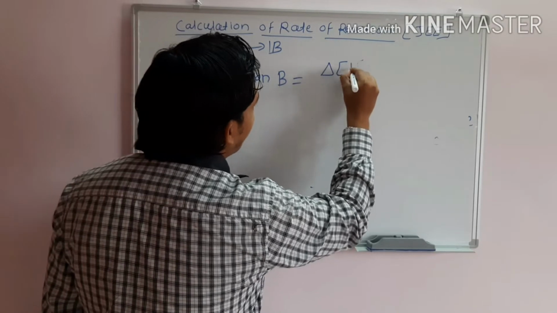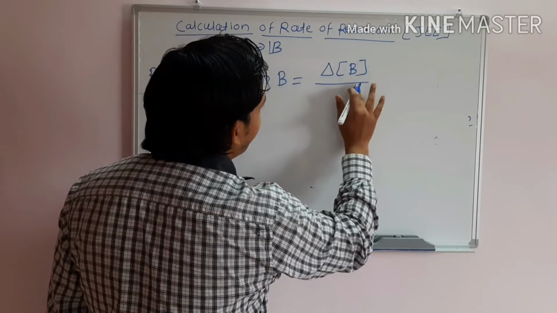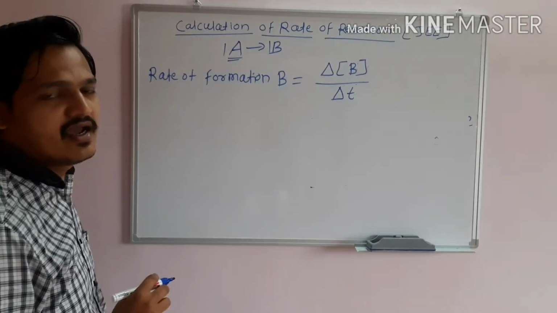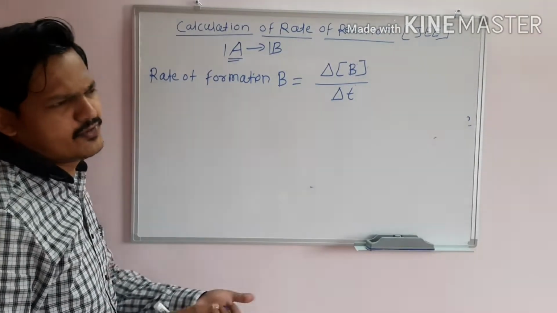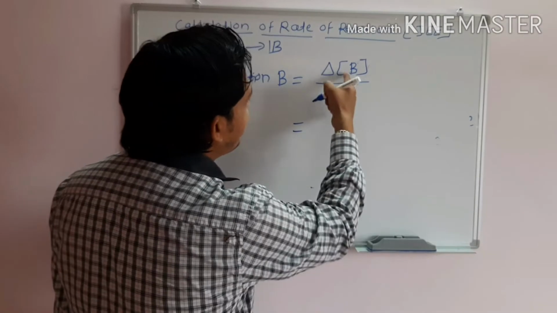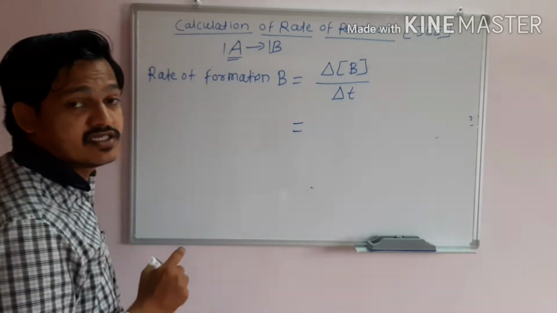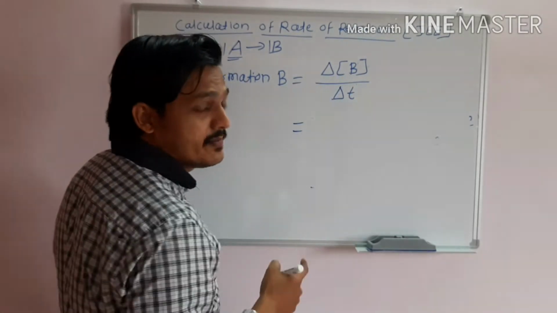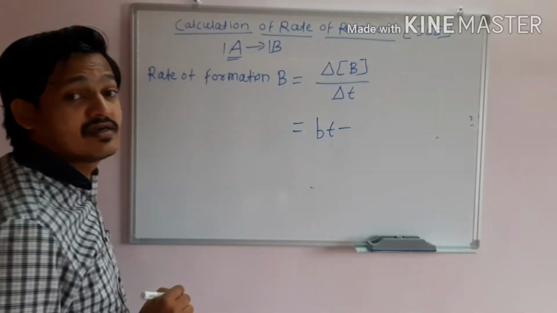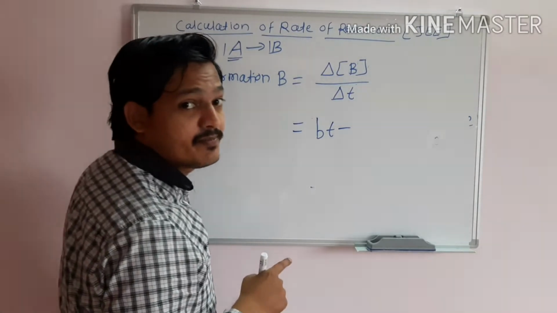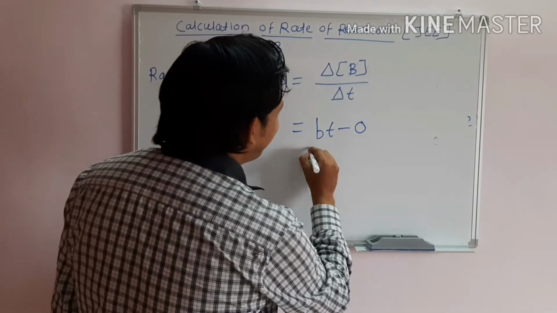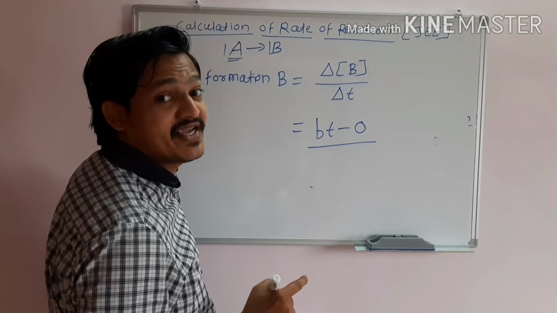Delta B divided by delta T. Delta B indicates B2 minus B1, final minus initial. What is the final concentration of product B? That is Bt. Minus the initial concentration of B, which is 0. Bt minus 0 divided by delta T.